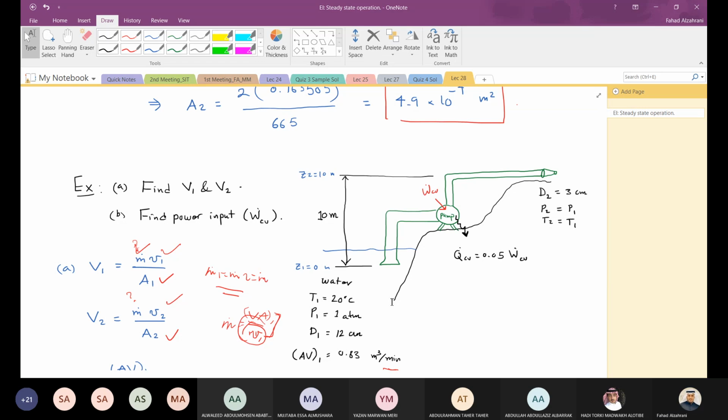So this is 2 and this is 1. So Z1, my inlet, I will use as 0. This is 10, so this is Z2. It is going to be minus 10 if we say this is 10.